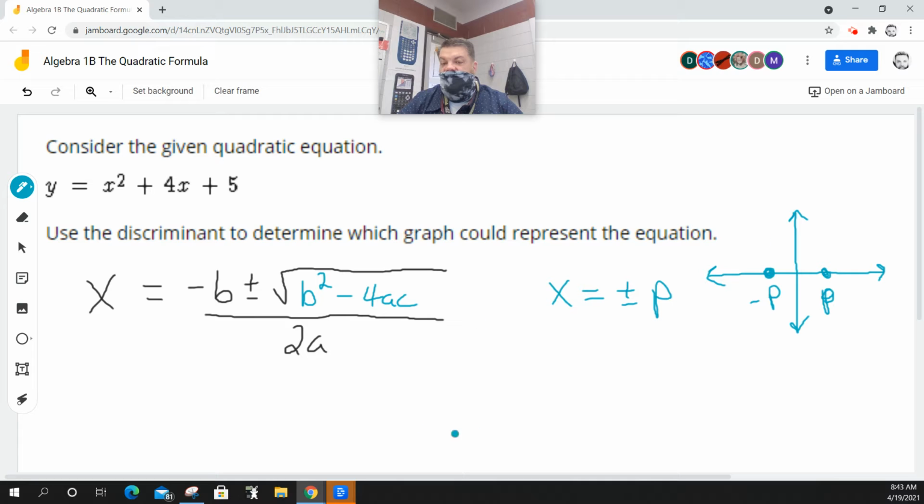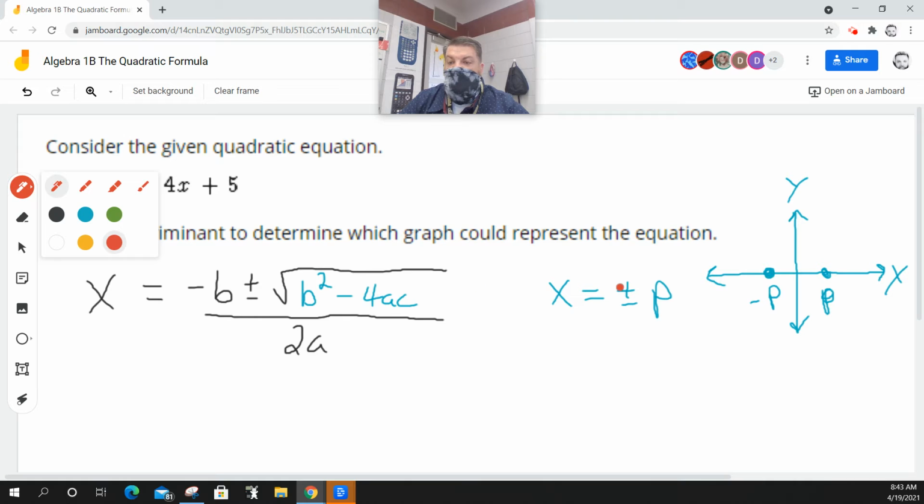There's a variation. Sometimes it has a square root, but we get a number, and those represent the x-intercepts, where it crosses the x-axis.